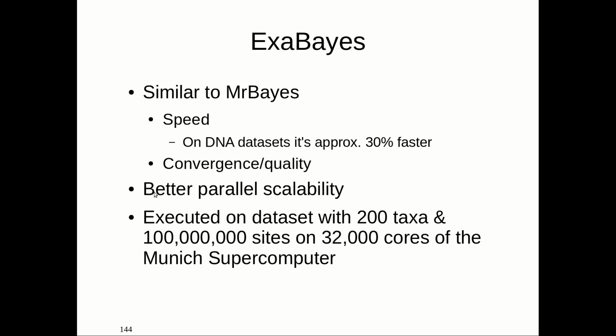The focus of ExaBayes was really to develop a Bayesian code with extremely good parallel scalability. For instance, we executed it on a data set with 200 taxa and 100 million sites using 32,000 cores on the Munich supercomputer.